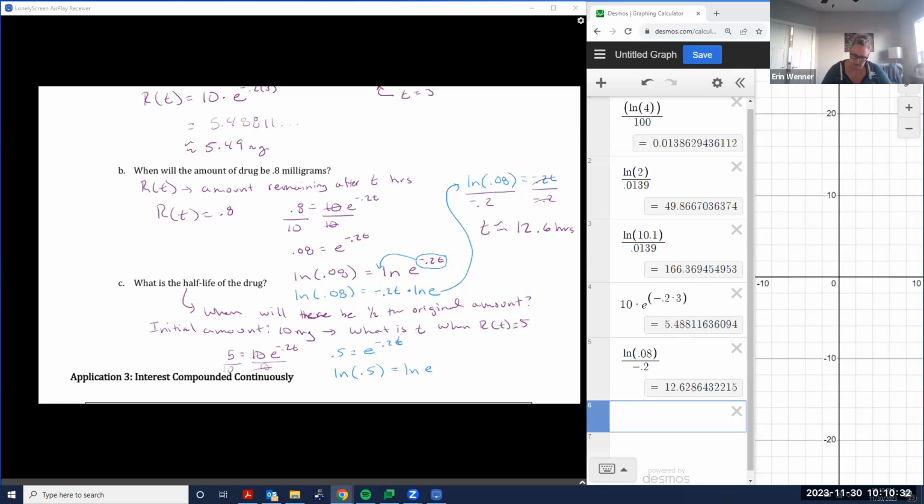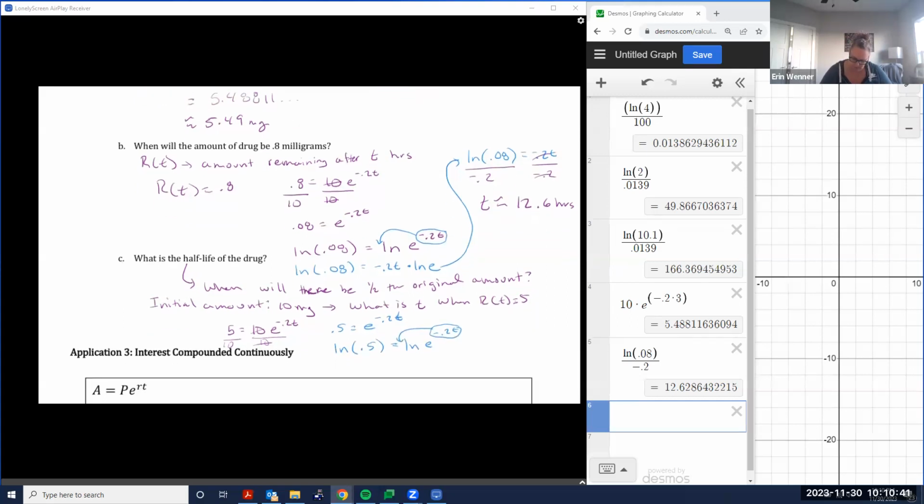The exponent portion comes down, right? The power rule makes it come down here. So we'll have the natural log of 0.5 is equal to negative 0.2 t times the natural log of e, which again, that part drops off.